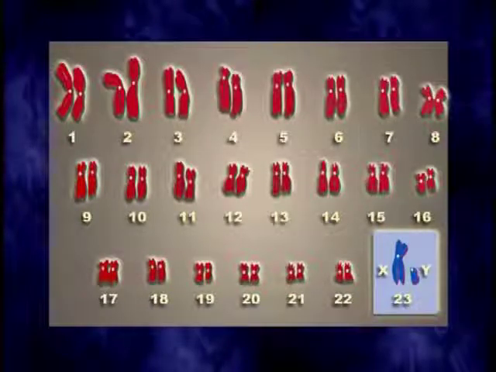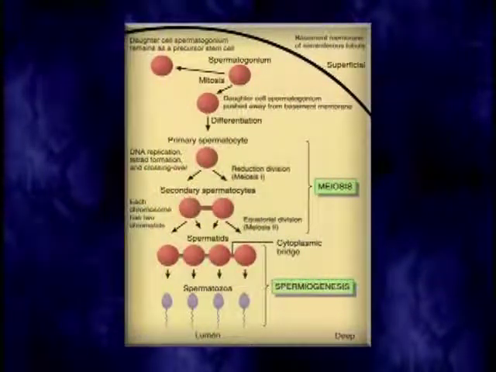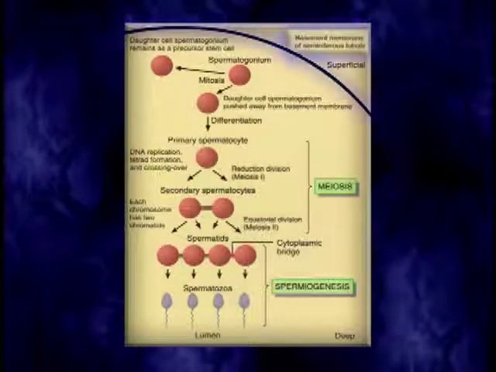So what happens when we go in both the female and male reproductive system? This slide shows the progress and the divisions that take place. It's upside down relative to the slide I showed you. So here's the outside, the basement membrane of the seminiferous tubules. This is the superficial side. We have daughter cells.